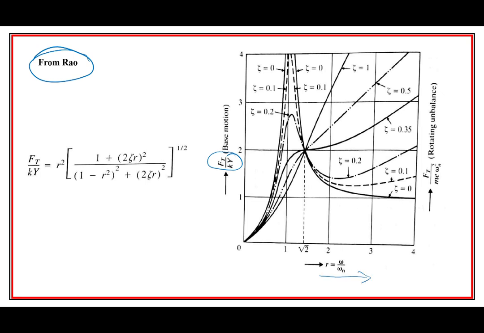But once again, remember that this is a ratio of the transmitted force divided by the stiffness of the spring and divided by the magnitude of the base motion. So it can end up getting pretty loud. And this can also be related to the rotating unbalance as well. They show that this follows the same trend.